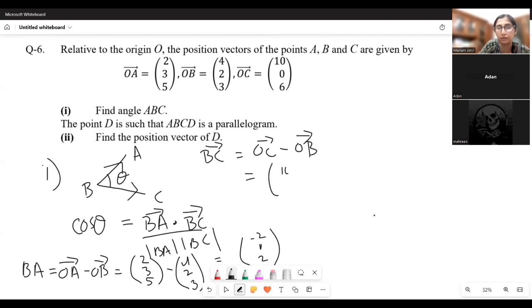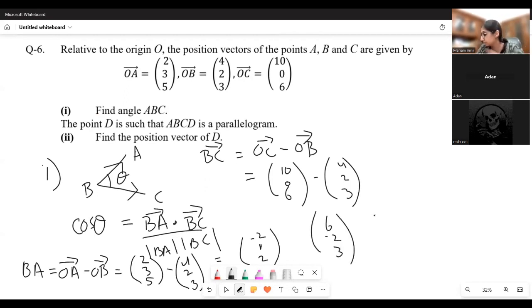OC is 10, 0, 6 minus OB is 4, 2, 3. That gives 6, minus 2, 3.